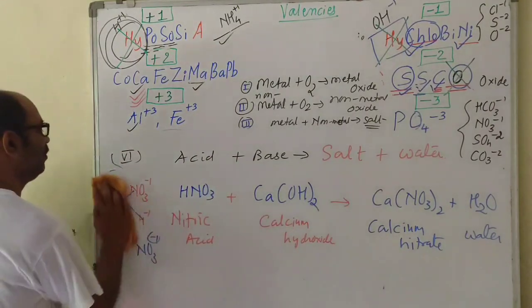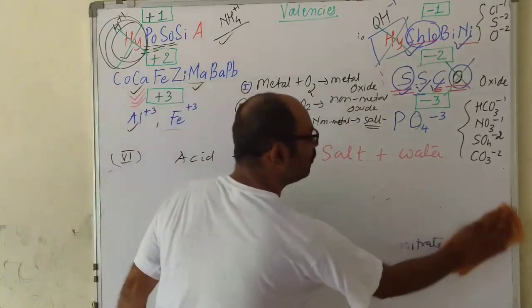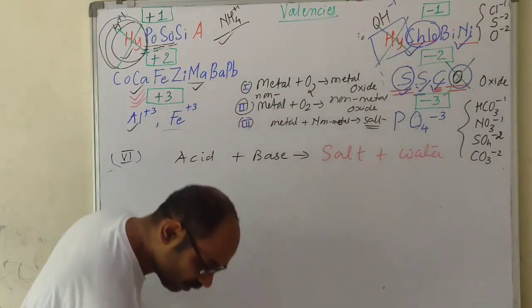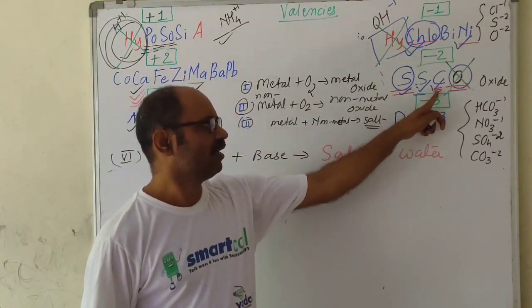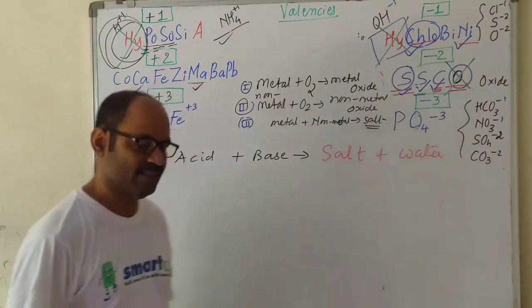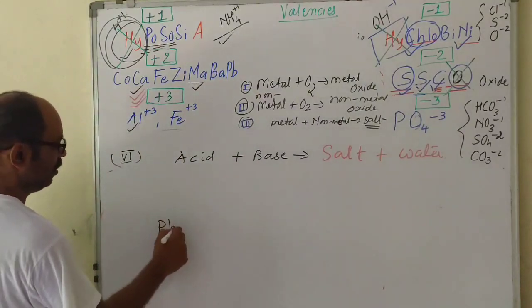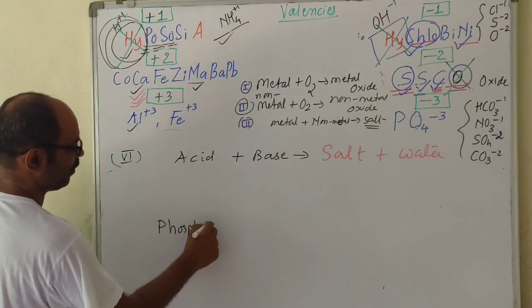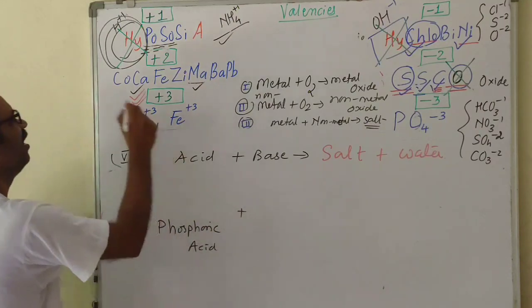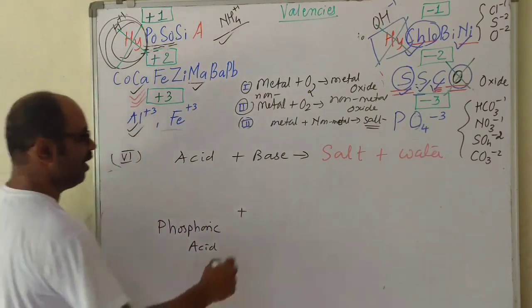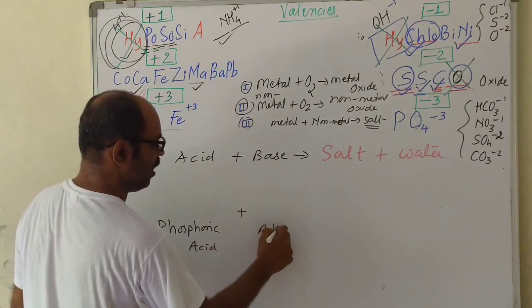One more. Third example. Let's see. Acid. Which acid? All right. Let's take phosphoric acid. Phosphoric acid. और कौन सा बेस ले लें? एल्यूमिनियम हाइड्रोक्साइड.